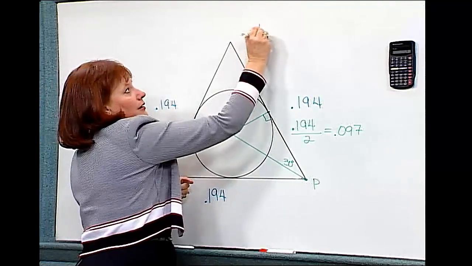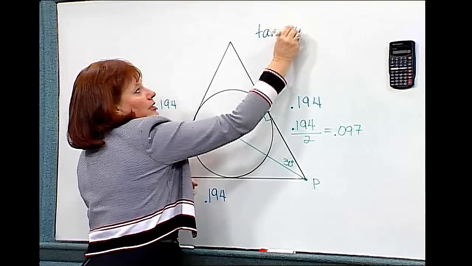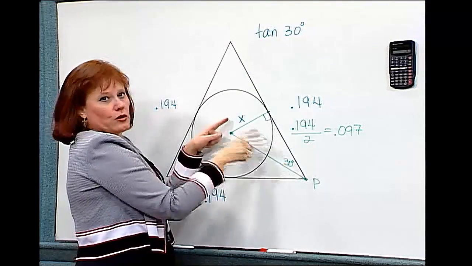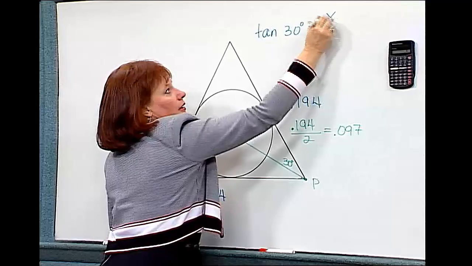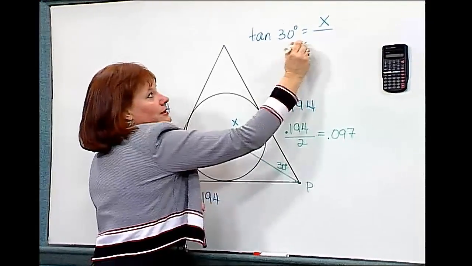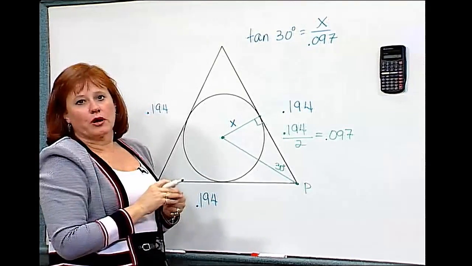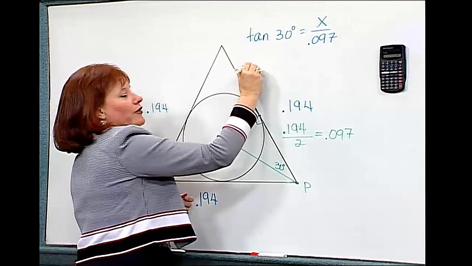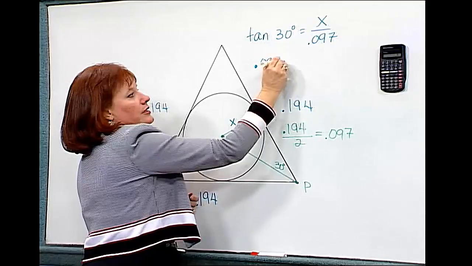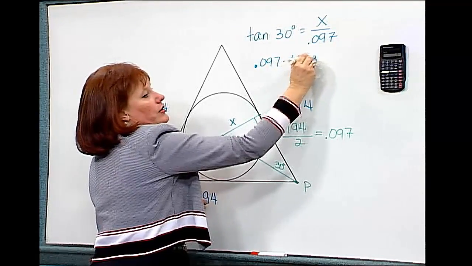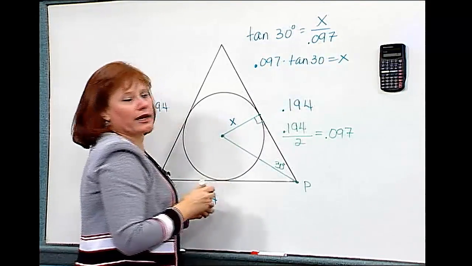The tangent of 30 degrees is equal to the ratio of the side opposite, x, over the side adjacent, 0.097. To solve, I'll cross multiply, so I'll have 0.097 times the tangent of 30 is equal to x.